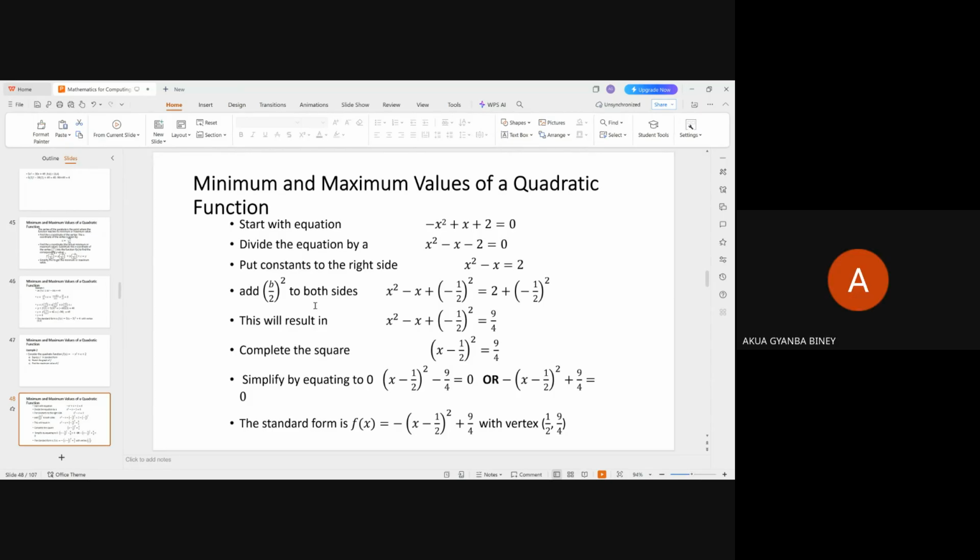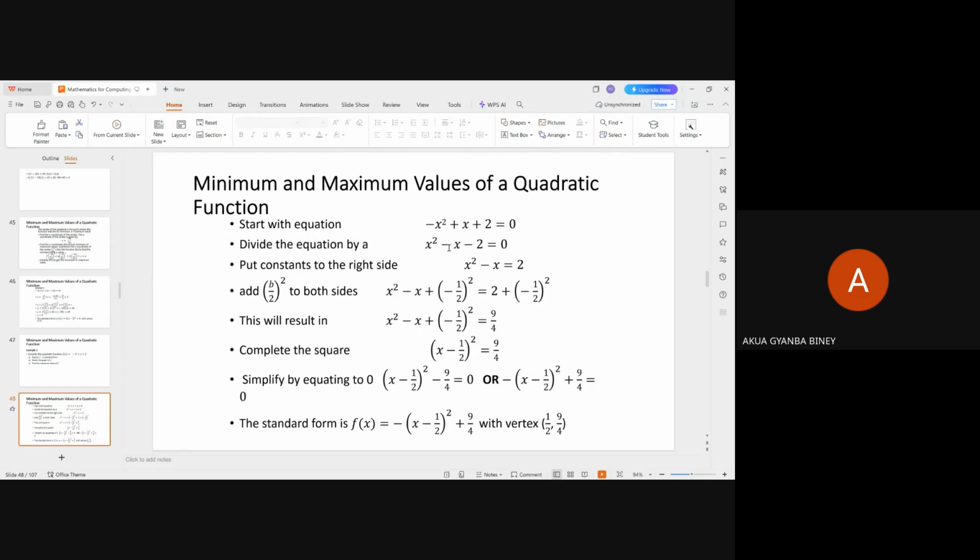We have to add b over 2 all squared to both sides of the equation. Now, what is b? B is minus 1. These steps we have gone through several times. Please take the last chance to understand. You can equally use this process to answer all those questions.